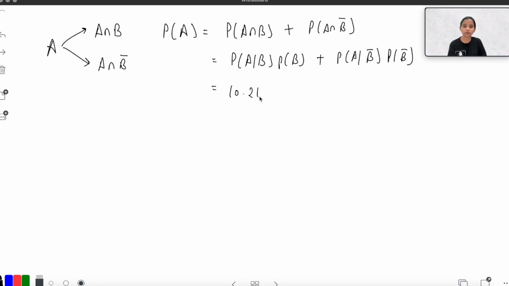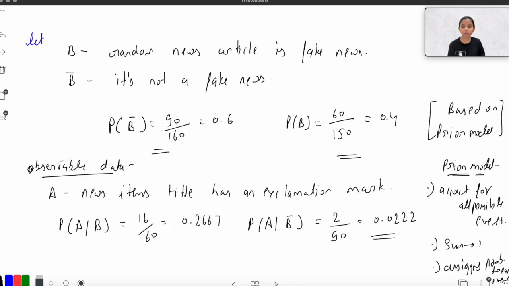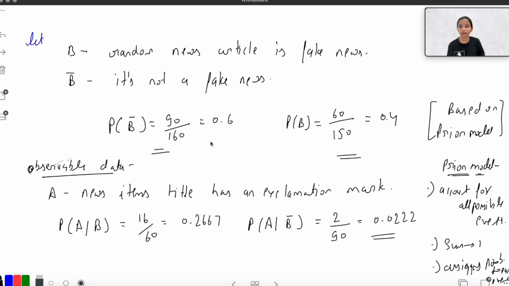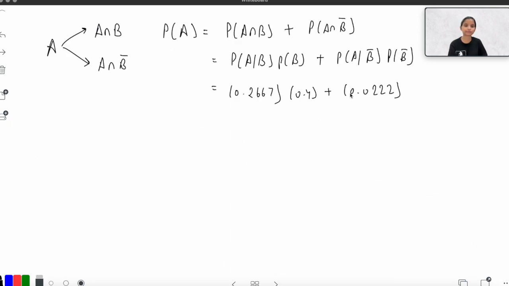Okay, and we have already calculated the probabilities corresponding to it, so let's just put them in. This is 0.2667. Probability of B is 0.4. This is 0.0222, and probability of B bar is 0.6. Let me just simply multiply them.